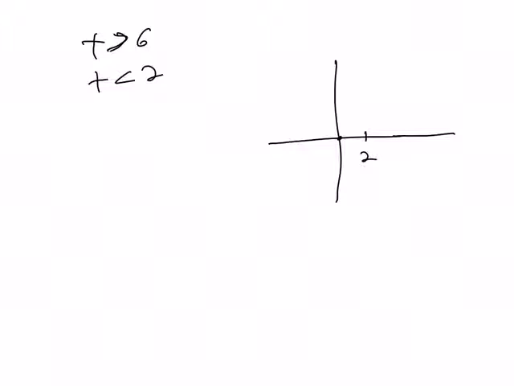So we can use the equation for the position, which is again f of t is equal to t to the third minus 12t squared plus 36.